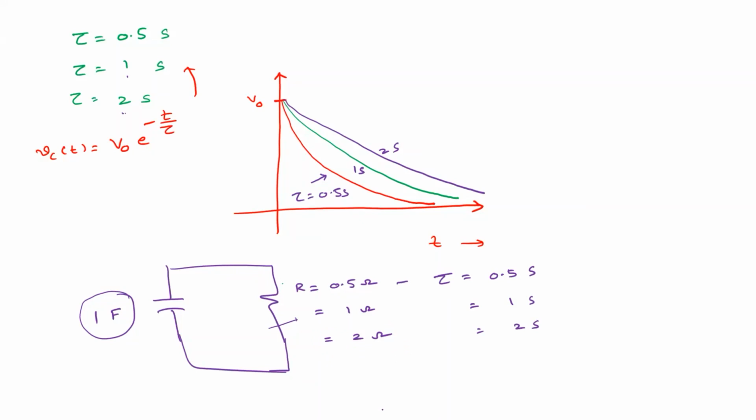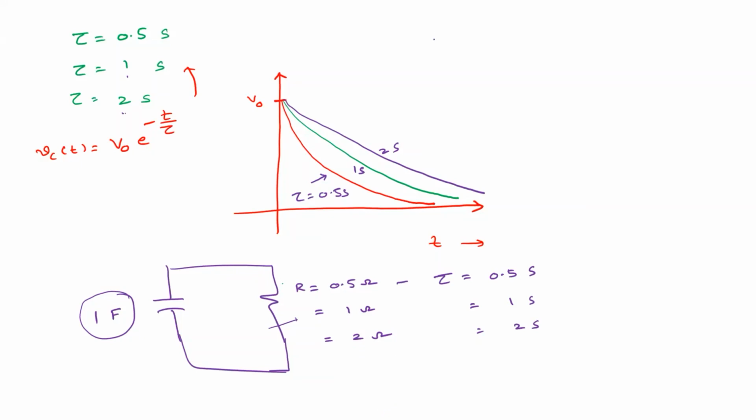Understood? The smaller the time constant, the voltage will reduce at a faster rate.